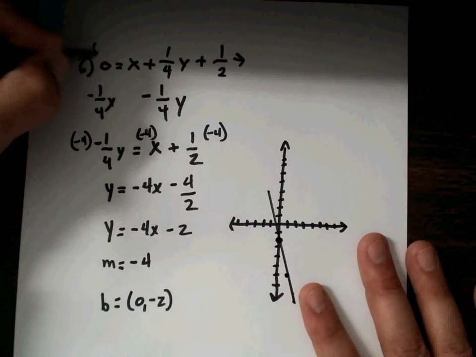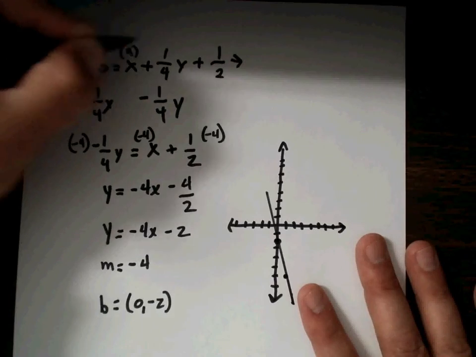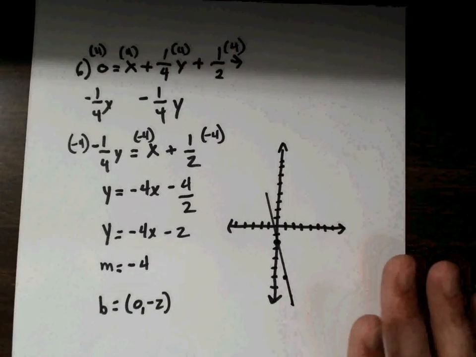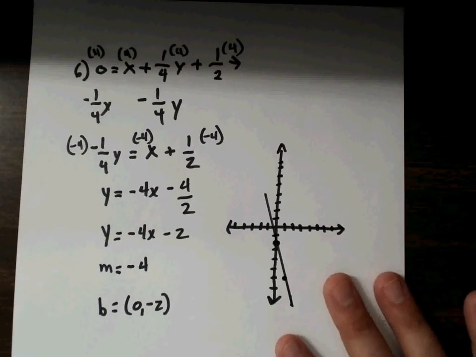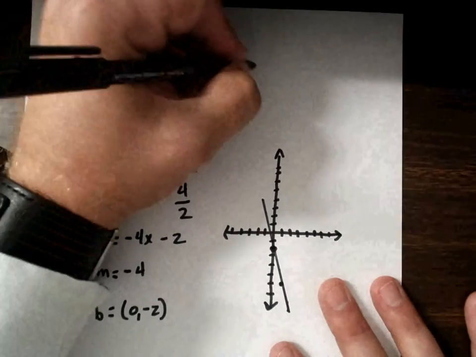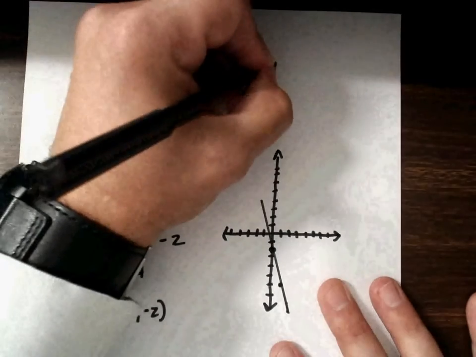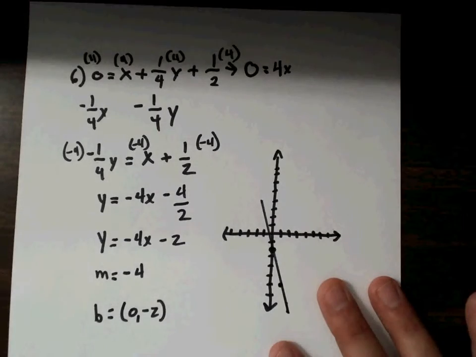So that means I'm going to multiply everything by 4 from the start. When I do that, what's 4 times 0? 0. What's 4 times x? What's 1/4 y times 4?